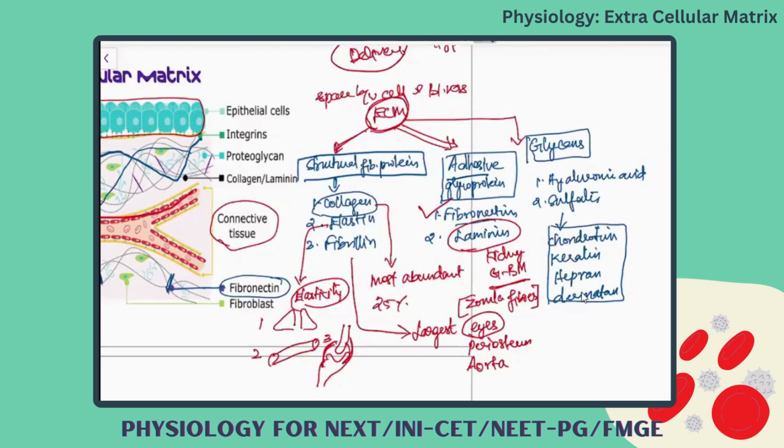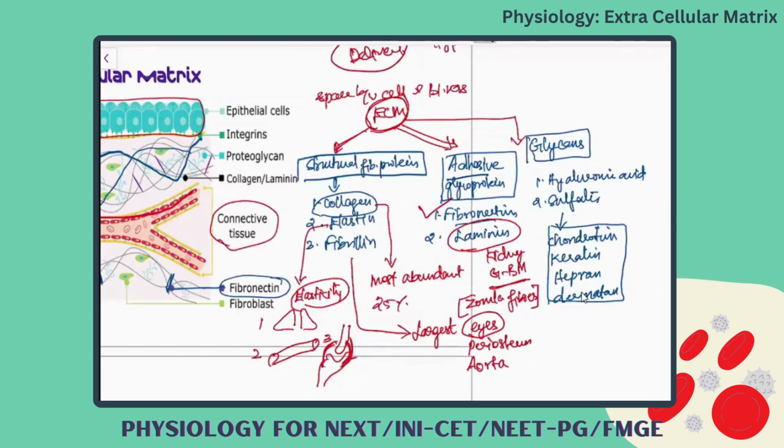The structural proteins include collagen, elastin and fibrillin. Collagen is the most abundant protein, and elastin maintains elasticity, mainly present in blood vessels, lungs and the ligaments. Not the joints, mainly the ligaments.